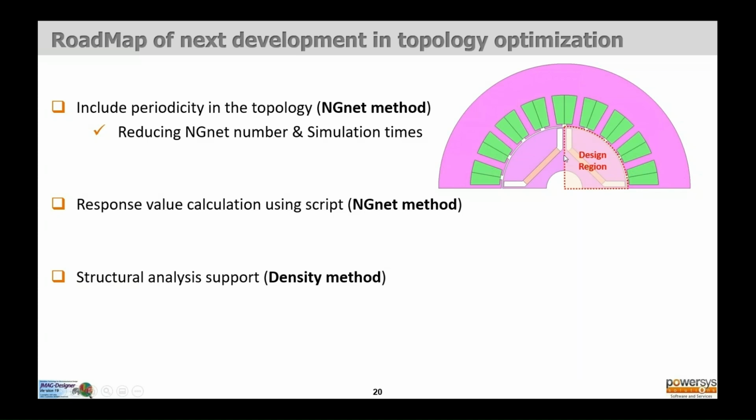But with the next method, you can just specify this area as the design region, and based on the periodicity, it will automatically apply the same distribution to this part. This is a good feature, because it will reduce the number of Gaussians, and it will also reduce the simulation time.